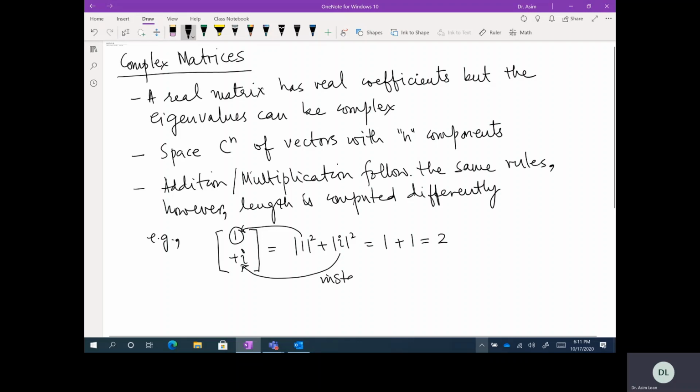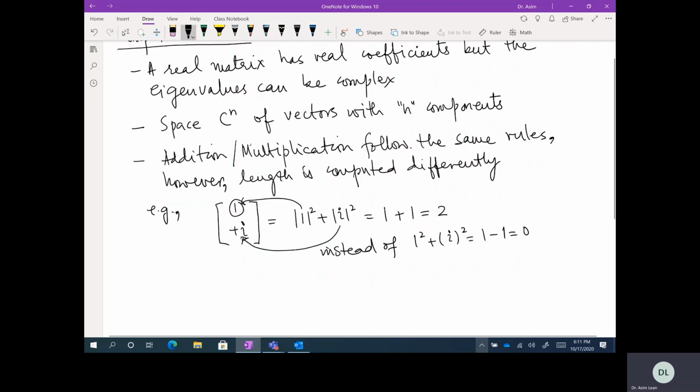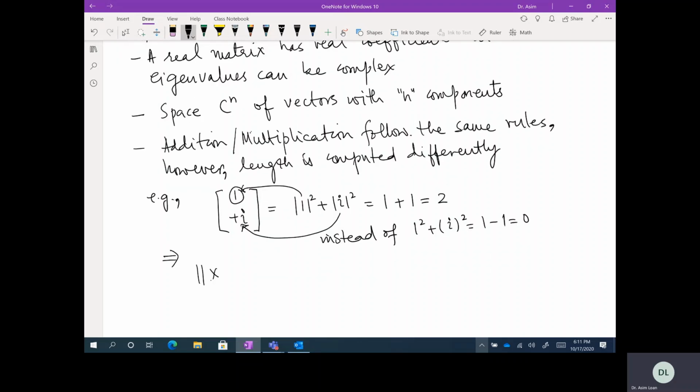It is not 1 squared plus iota squared, which is 1 minus 1, which is 0. So this implies that the norm of x squared is the magnitude of x1, the first element of x, squared, plus the magnitude of x2 squared, and so on, plus the magnitude of xn squared, where xn is the nth element of x.